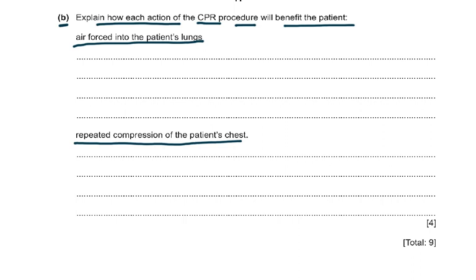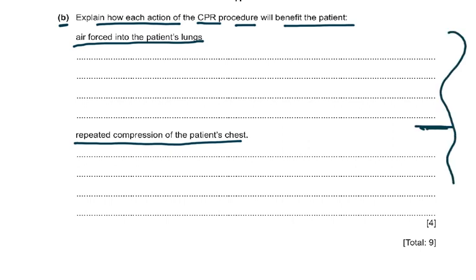And of course, aerobic respiration will occur. And the compression of the chest is going to result in restarting the heart. So pressing on the chest is going to give a little push to the heart and restart the heart. So there are more points, and you can see that there are no separate marks here and for here.